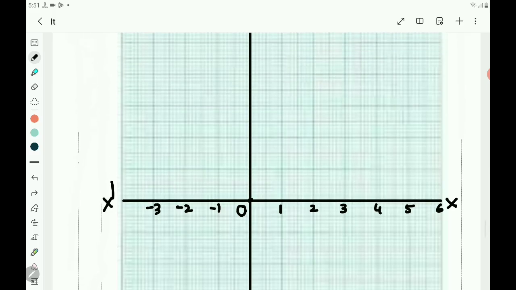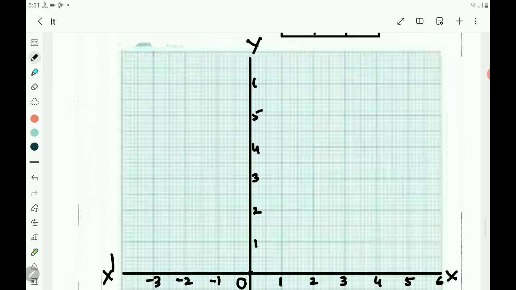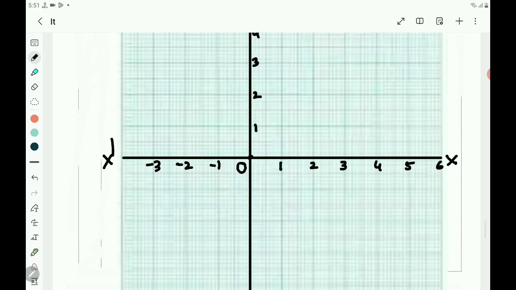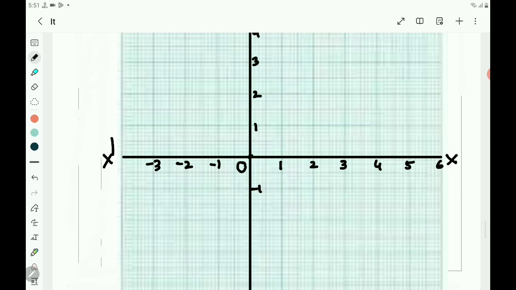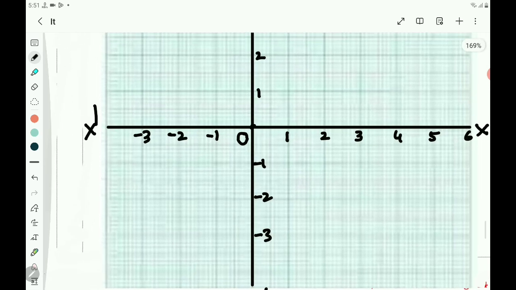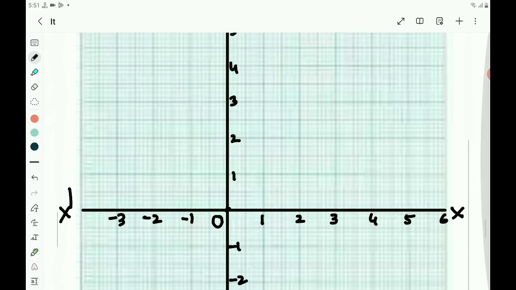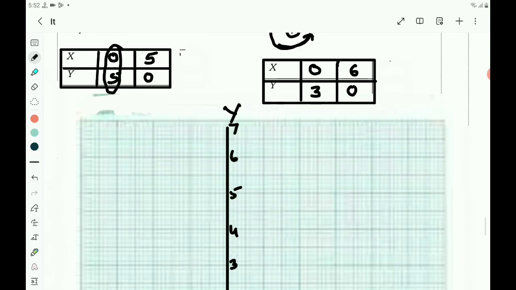Next, mark the points on the y-axis. 1, 2, 3, 4, 5, 6, 7, and on the lower side minus 1, minus 2, minus 3, like this way, and mark the point here. First one, 0, 5.